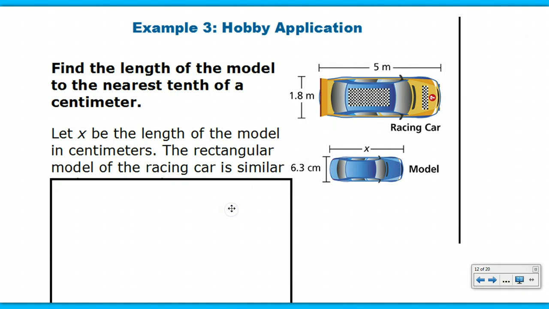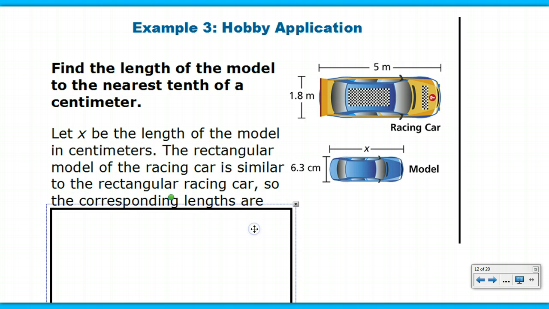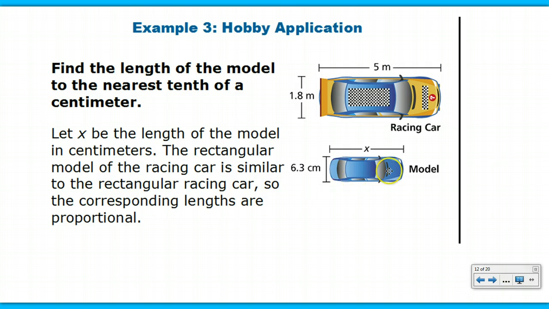And the rectangular model of the racing car is similar to the rectangular actual racing car, right? So the corresponding lengths are proportional. So we could say X over 5 should equal 6.3 over 1.8. We could also flip that proportion completely to its reciprocal. We could say 5 over X should equal 1.8 over 6.3.